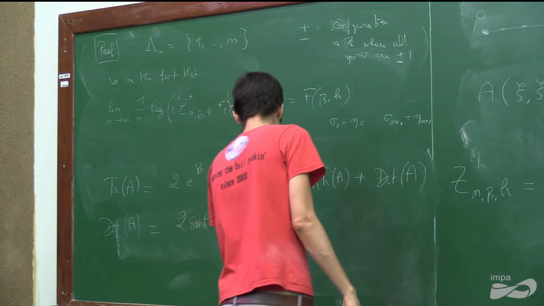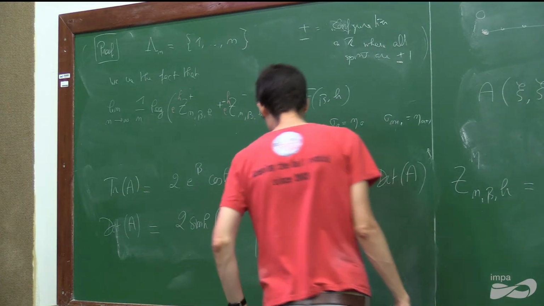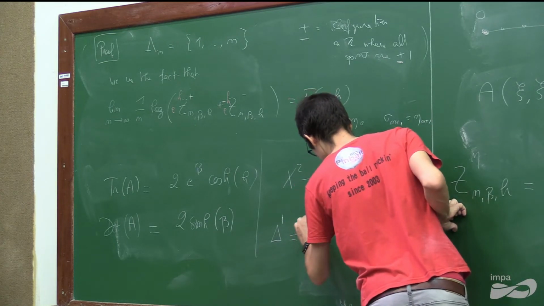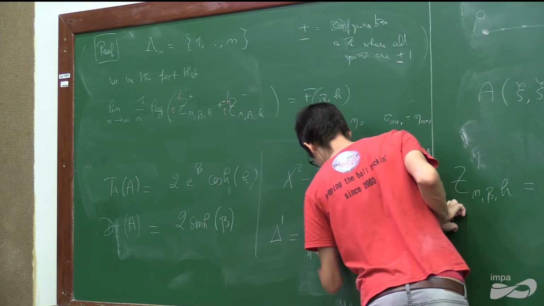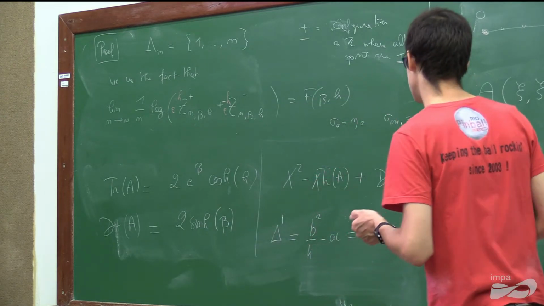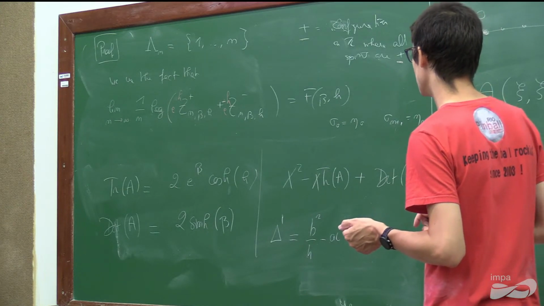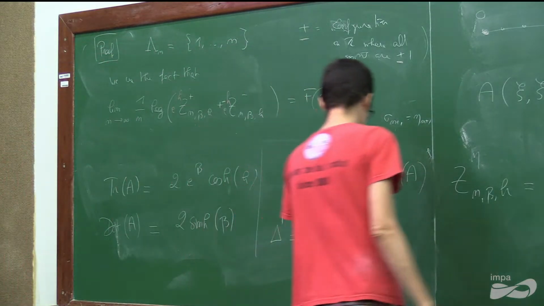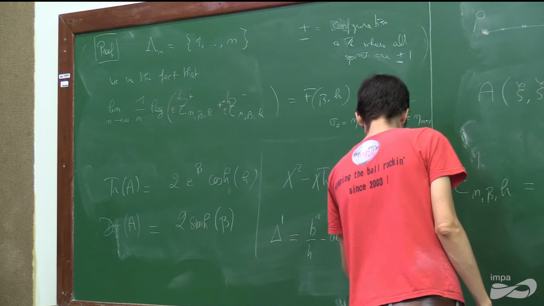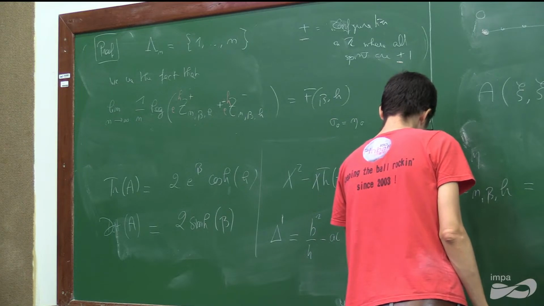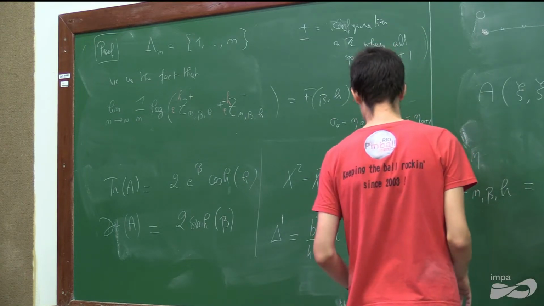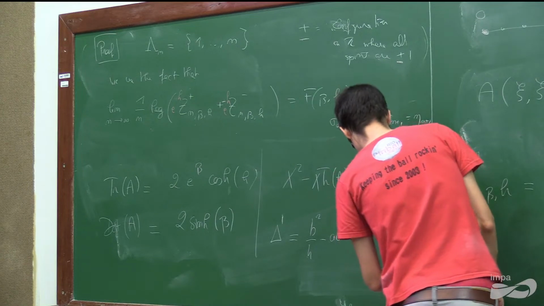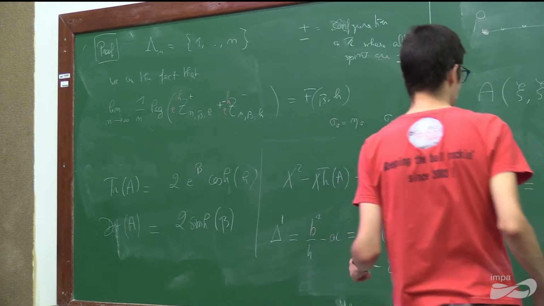If I take the reduced determinant, which is b squared over 4 minus ac, I get that this is equal to, okay, b is just exponential 2 beta cosh squared of h minus 2 sinh of 2 beta.